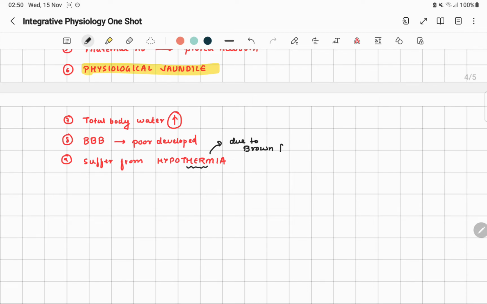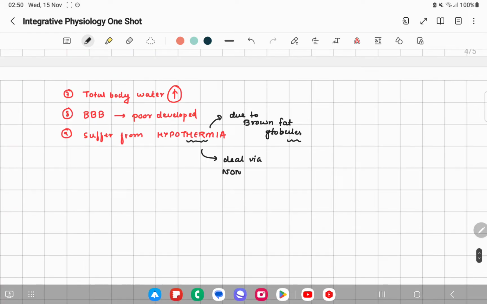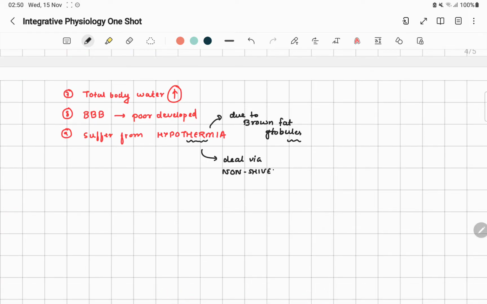In the adipose tissue, brown fat globules are present, and they deal with this via non-shivering thermogenesis. Understood.